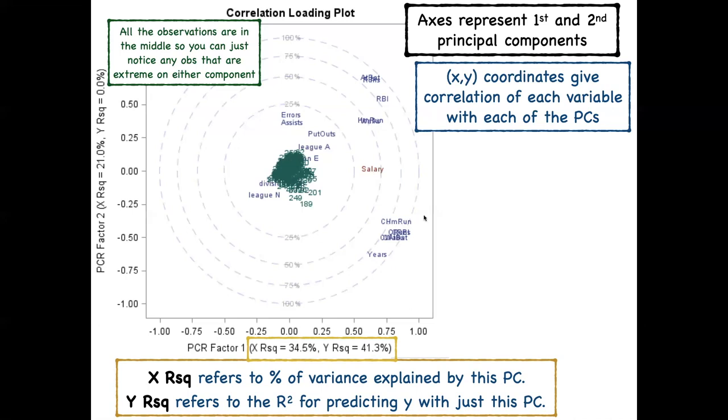This is a good place to point out that for correlation PCA, the loadings actually do represent correlations of the variables with the principal components. That is only true for correlation PCA.